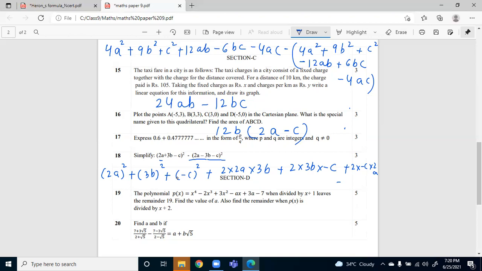So the paper is very easy, I should say. It is a conceptual paper. They have asked only identity number 5, and they have asked identity number 10 and identity number 1. So they have concentrated on only 3 identities if you analyze your paper.